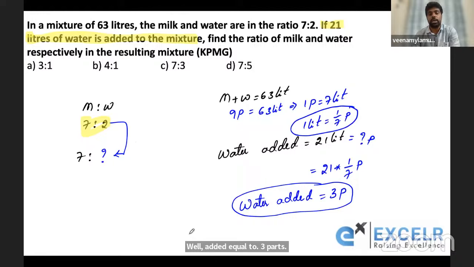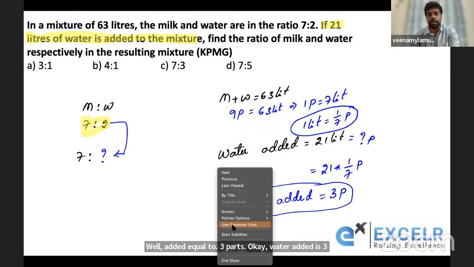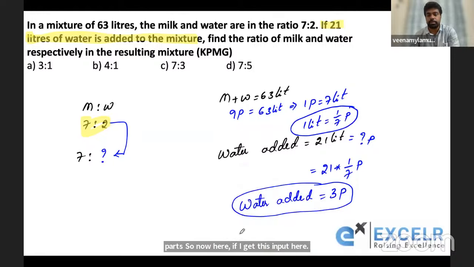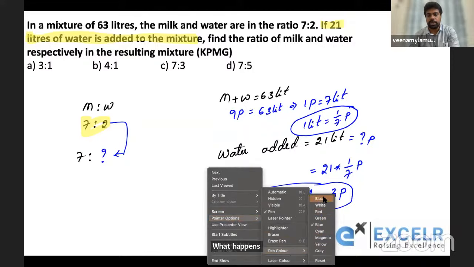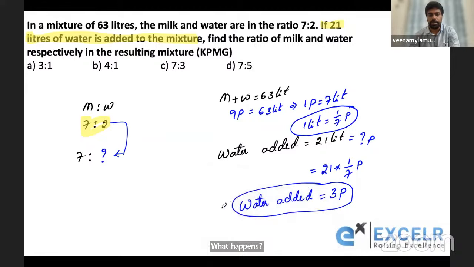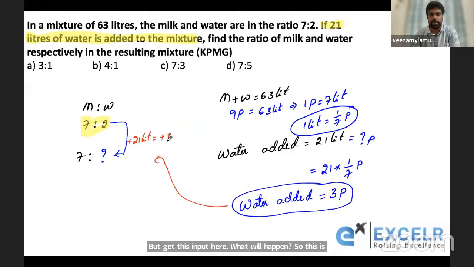Now if I get this and put here, what happens? So this is plus 21 liters. The 21 liters is nothing but plus 3 parts. So what will be the new ratio? 7:5. This will be our answer.